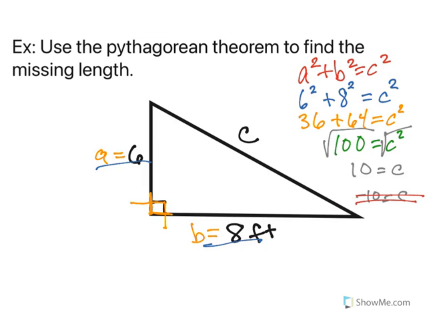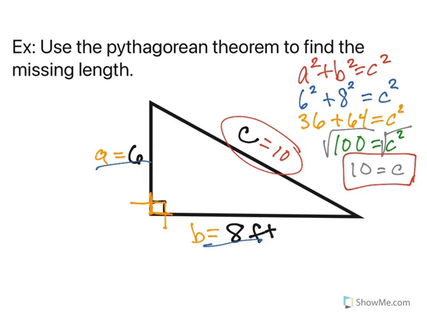It just cannot happen. So it has to be positive. So by taking the square root of both sides, our value of C is 10. The length of the hypotenuse of this particular right triangle is 10 feet.